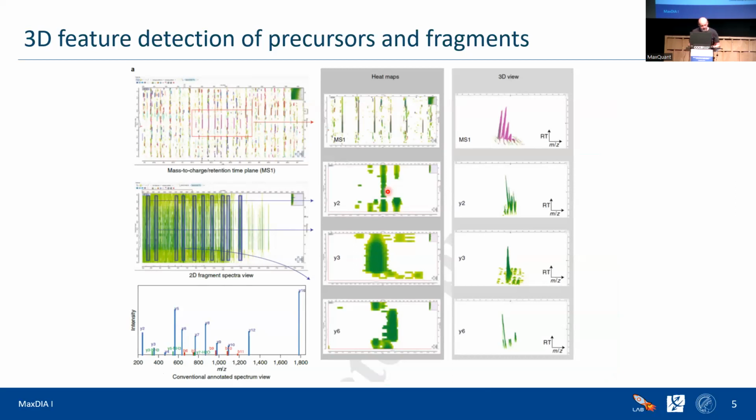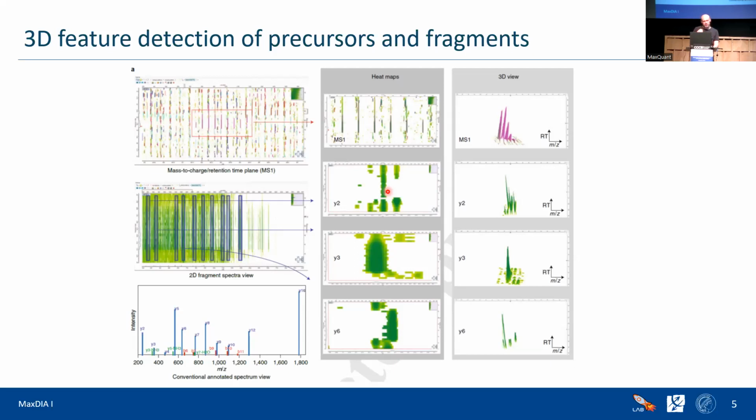So one important conceptual thing here is that, as you have seen, we are doing this higher dimensional feature detection on the MS1 data. But in DDA, of course, not on the MSMS data, because the MSMS data is not continuous.